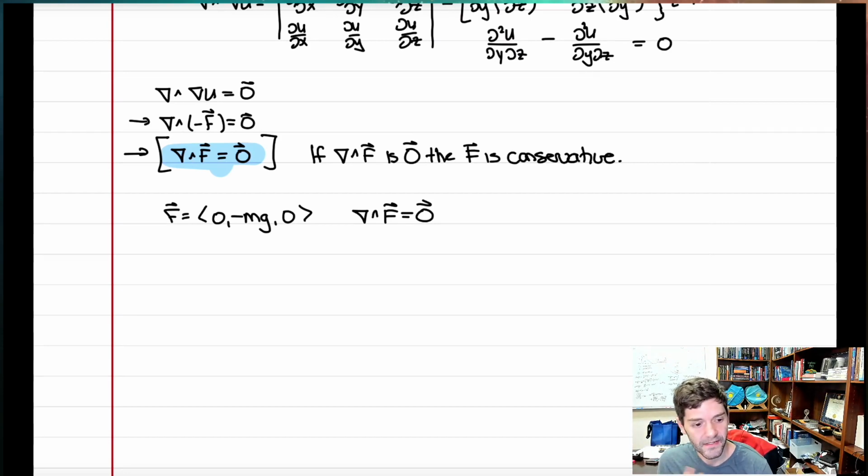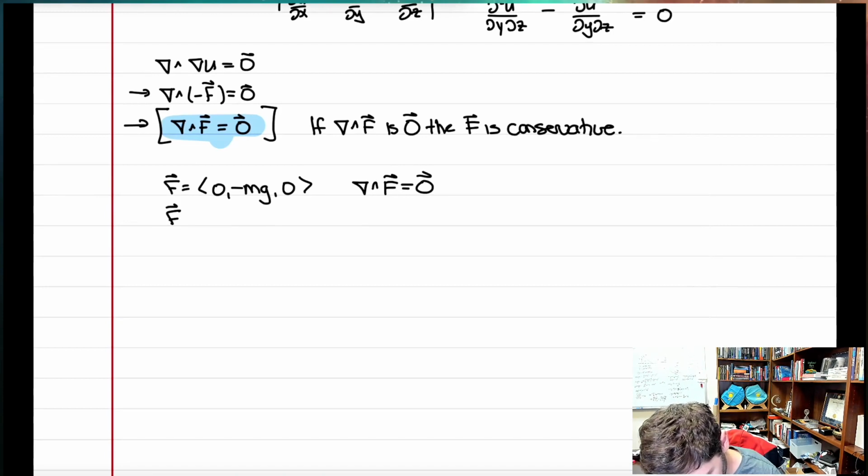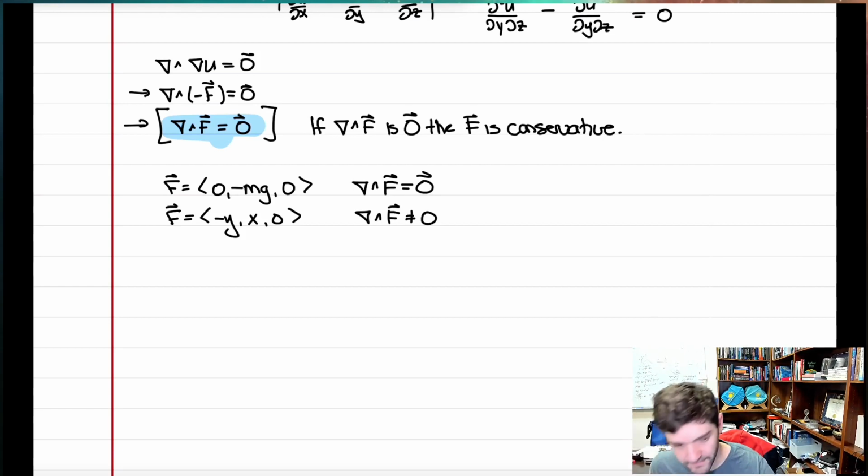So in that case, that is a conservative force. You could go back up to our function above, where I had negative y comma x comma 0. You would find that the curl in this case is not equal to 0. So in that case, that function is not conservative.